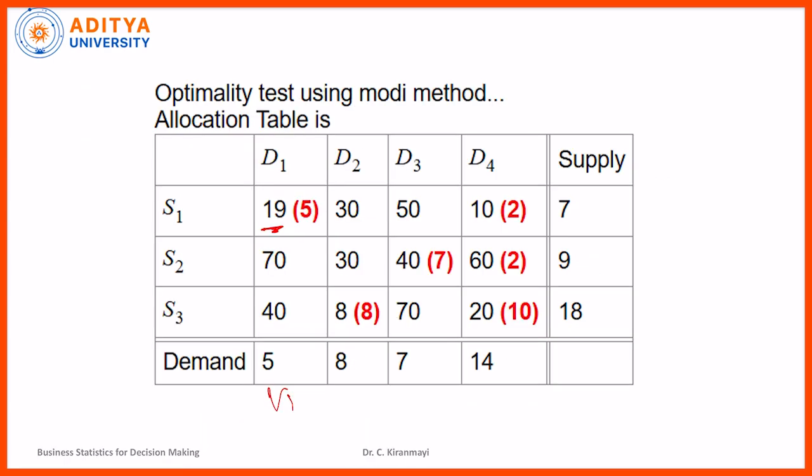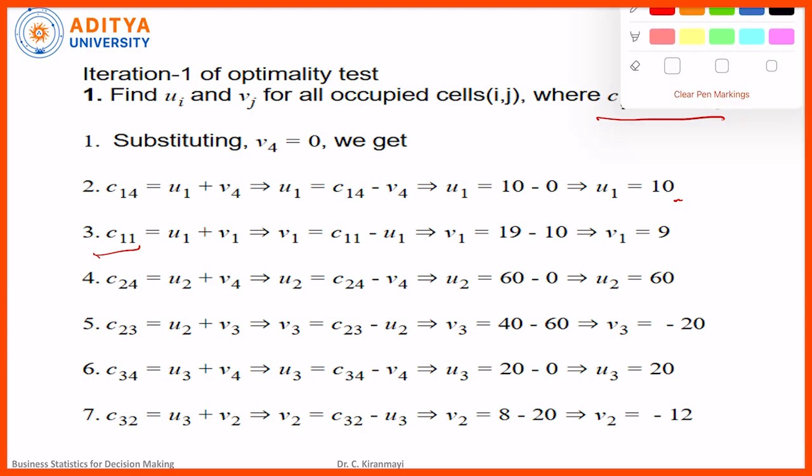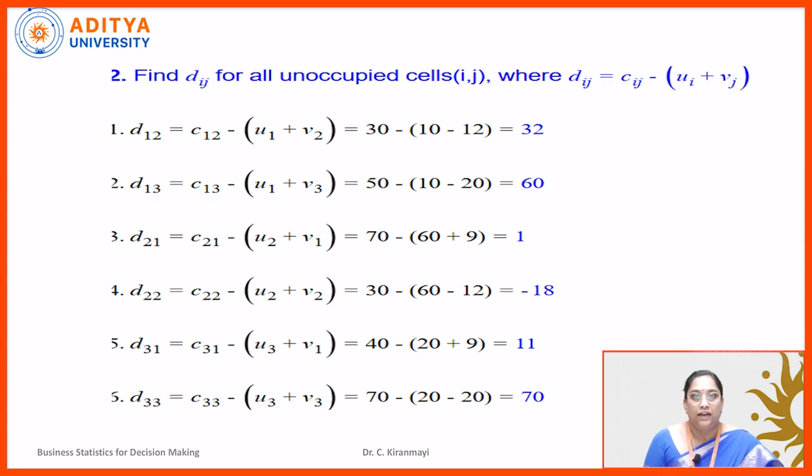This is how we have to compute all the Ui, Vj values, that is U1, U2, U3, V1, V2, V3, V4, using occupied cells and this formula. After obtaining all these values, next we have to compute net evaluations using this formula.